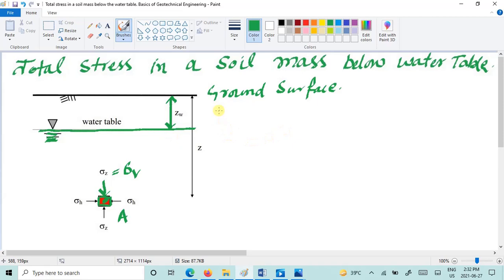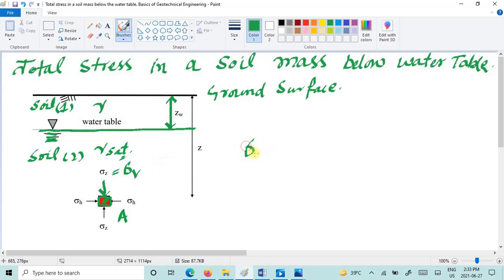Here we need to note that we can use the unit weight or the bulk unit weight for this soil layer 1, I would call that soil 1, and we need to use the saturated unit weight for soil layer 2. Basically we need to treat that as a two-layer problem because the unit weights will be different above the water table and below the water table.